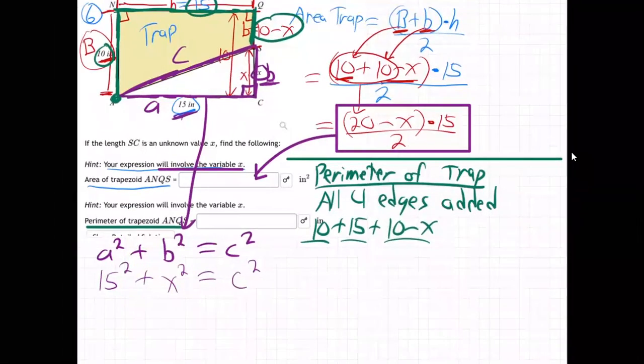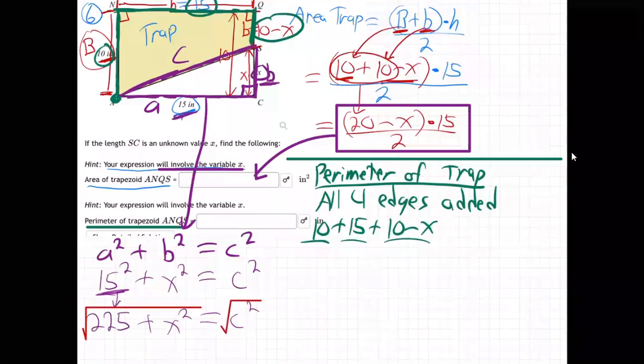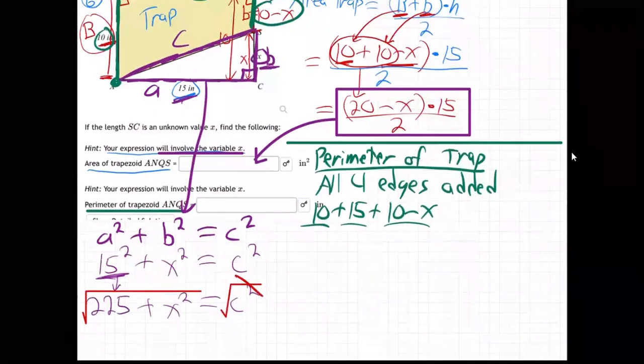So what do we do to solve for C there? Oh, 15 squared, use your calculator. 15 squared is 225. And then last step, square root it, which cancels the square.